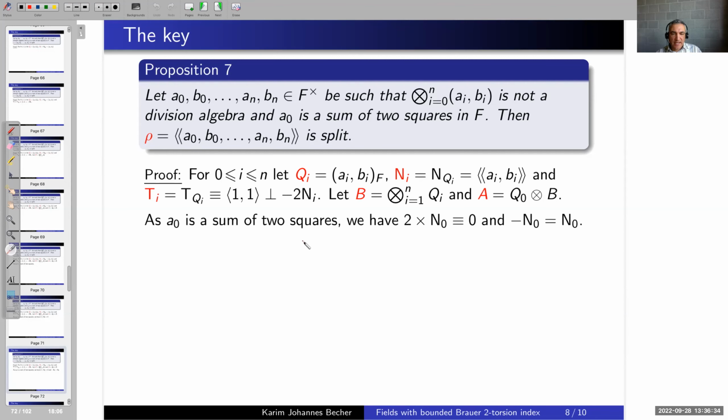Now I look at how N0 reacts with these trace forms of the other quaternion algebras. So we have T0, I can write without the minus sign. That's the only thing that really changes immediately. T0, this should be with equivalent, not equal, of course, here.